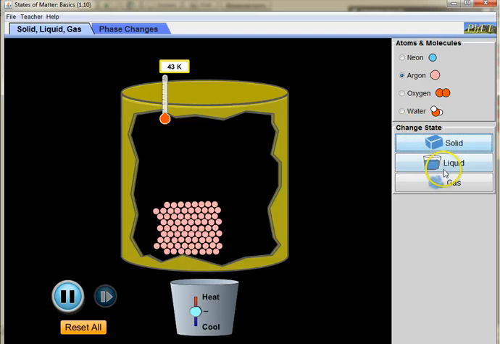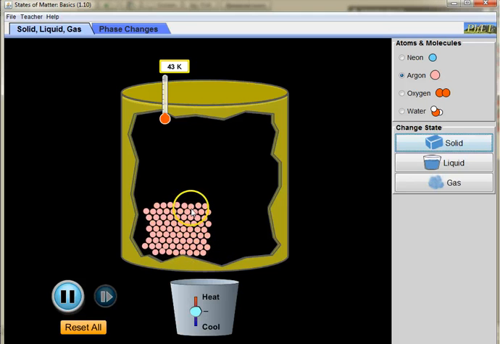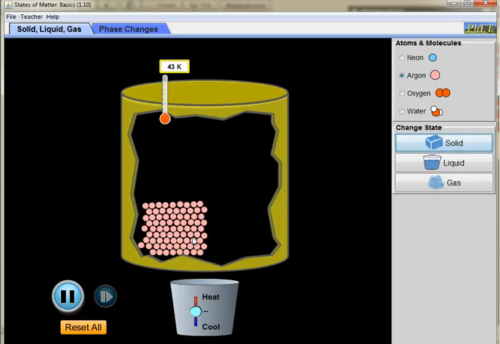Now let's change from solid to liquid. Okay, I'll do that. What I want you to notice is what happens to these particles? Do they change? Right now they are spherical and pinkish. Do they change in shape? Do they change in color? Second thing I want you to notice is what happens to the space between the particles. Does the space increase between the particles or decrease?